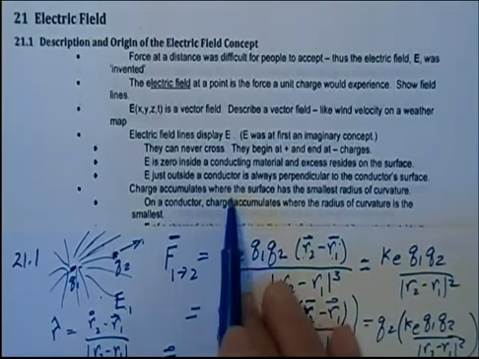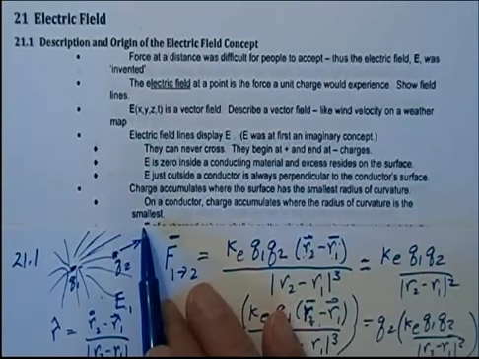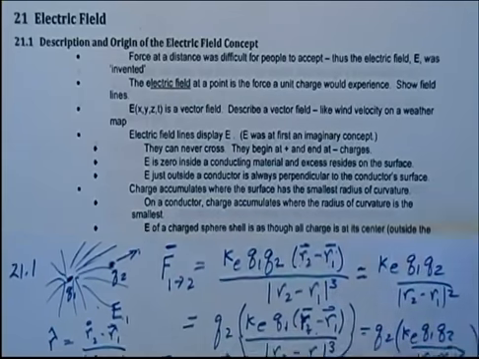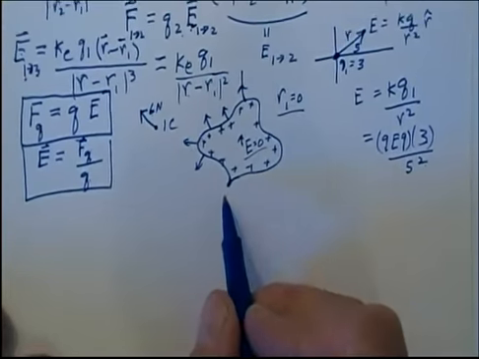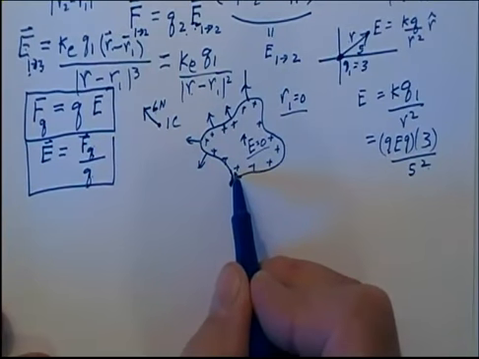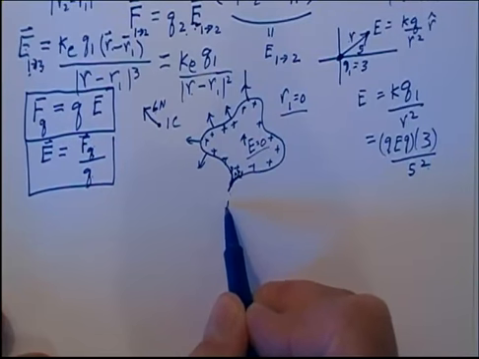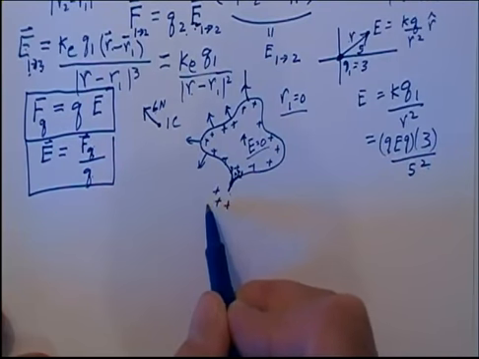The charge always accumulates where the surface has a small radius of curvature, and when that surface curvature is the smallest, we have the greatest charge accumulation. So for example, in this particular case, you see this sharp kind of point here, we would have a ton of charge accumulating right here, so much that charge would probably spew out into space right here.